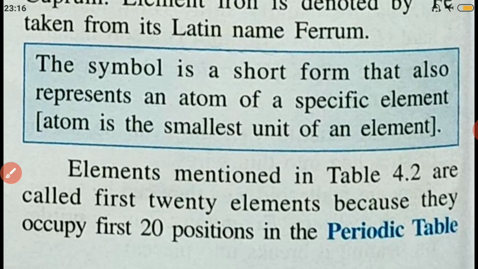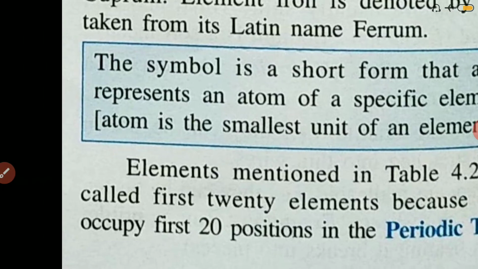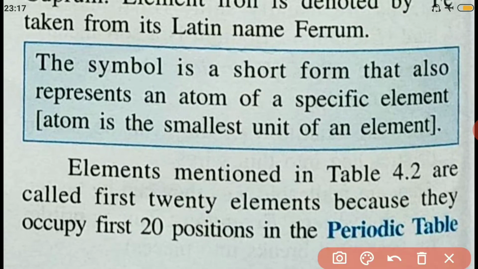So elements mentioned in table 4.2 are called the first 20 elements because they occupy the first 20 positions in the periodic table. A new thing is coming here, the periodic table, which shall be explained in your future classes. For the time being, just remember that a periodic table is a chart where the elements are arranged in a specific order depending upon their chemical and physical properties.